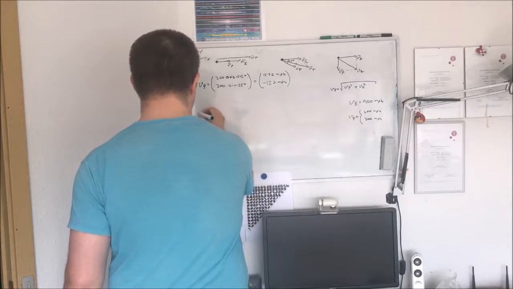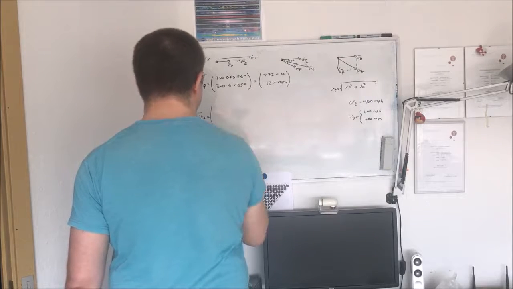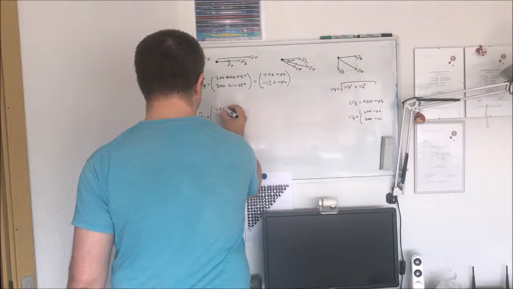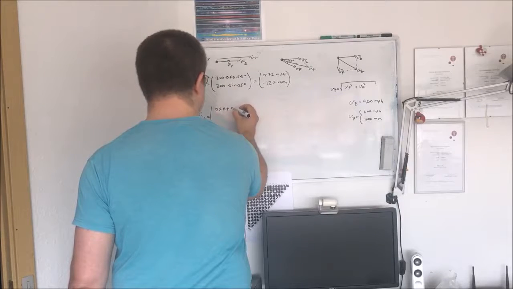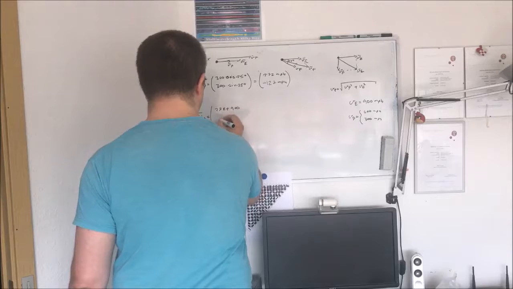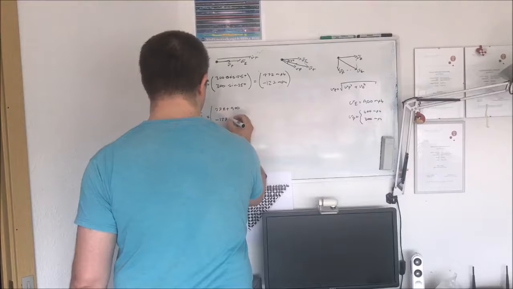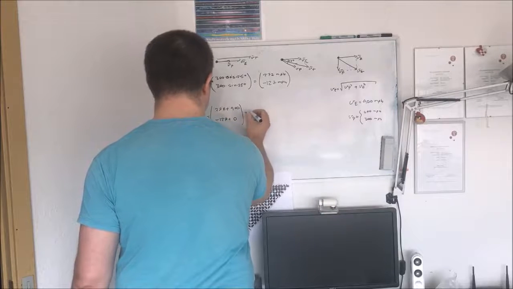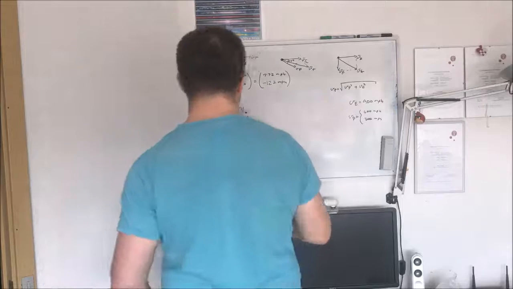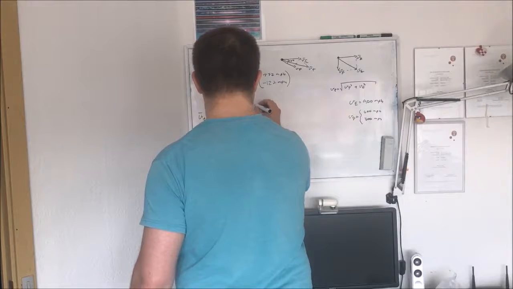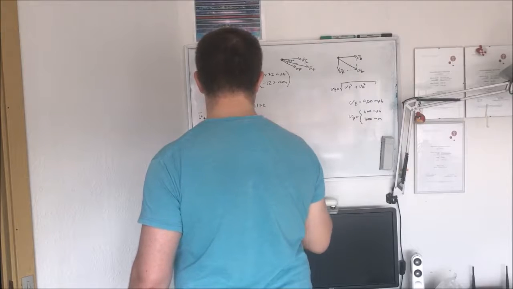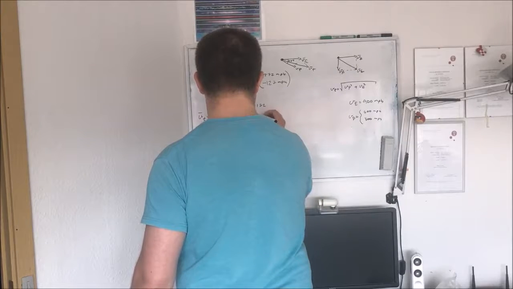So we get the vectorial part Vt is equal to 272 plus 900, and minus 127 plus 0. So that would give us 1172, I think it is. Yeah, and minus 127 miles per hour.